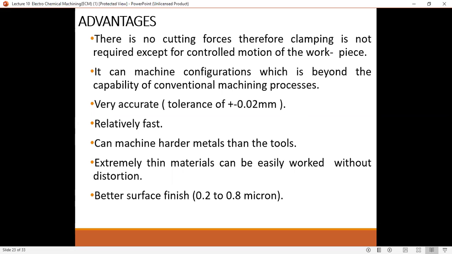So there's no warpage and so on. Very accurate: you're talking about a tolerance of about plus or minus 0.2 mm.